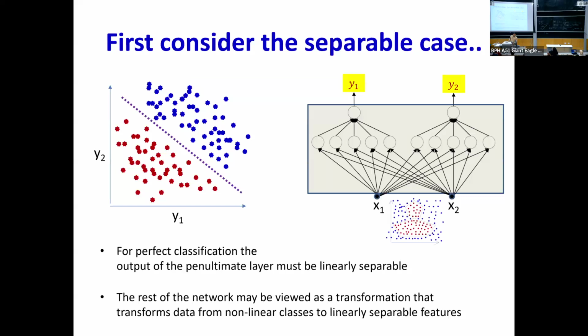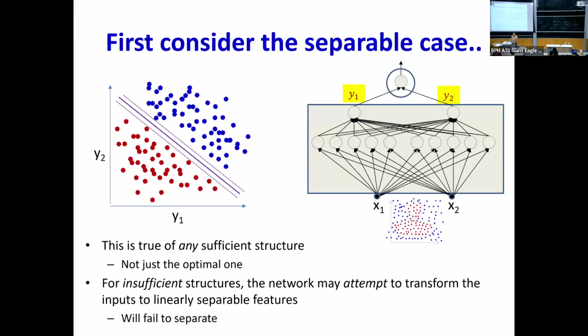Even if the network is not sufficient. Now, if the network has insufficient structure, which means it has fewer perceptrons than the minimum number required for this data, what would happen? Again, the outermost neuron, the logistic regression, is trying to separate the classes.